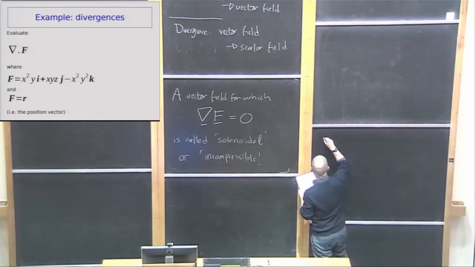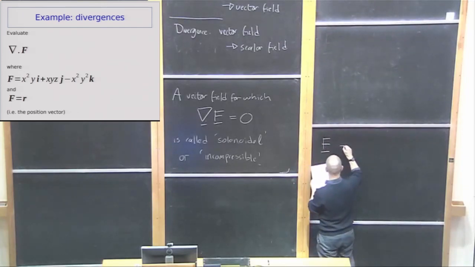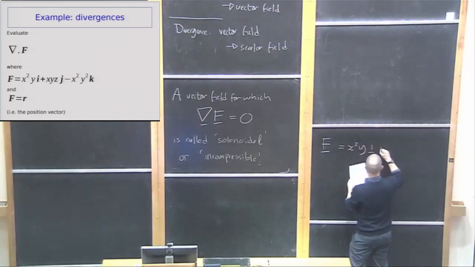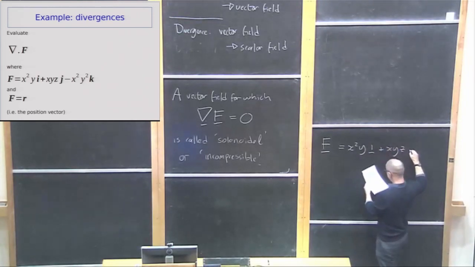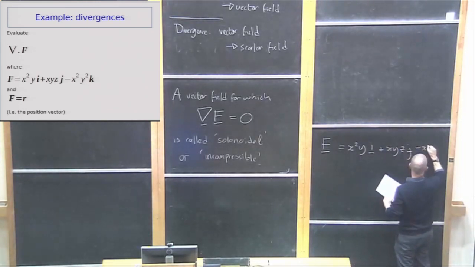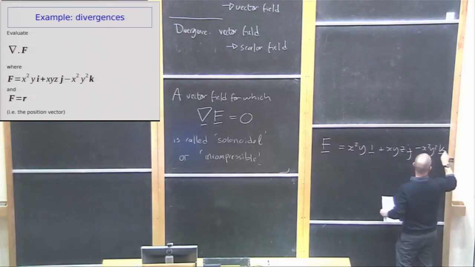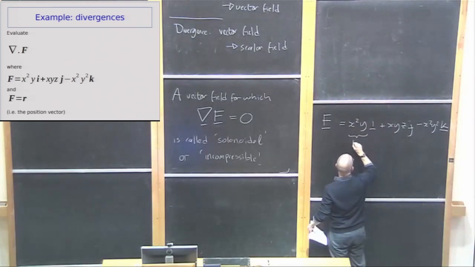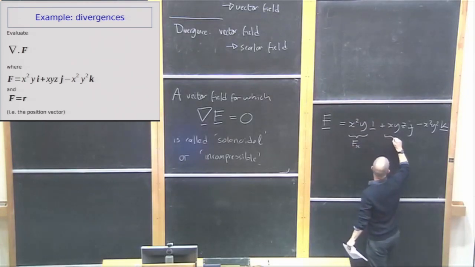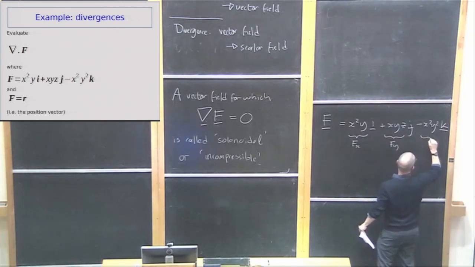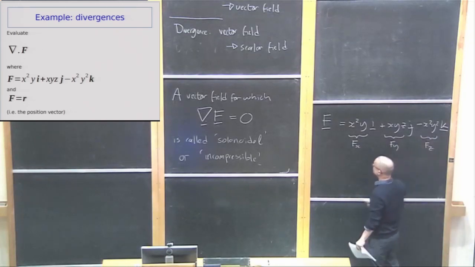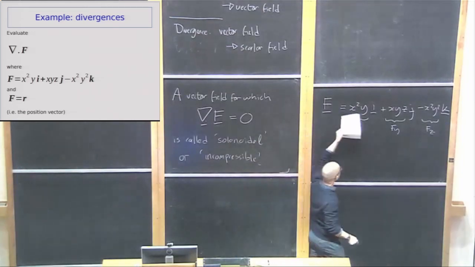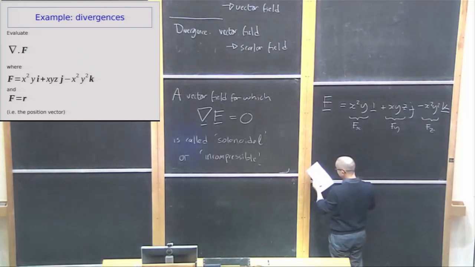If we have some vector field, which in this case is x squared y i plus x y z j minus x squared y squared k, I identify these as Fx, Fy, and Fz, and that's always implicit when I have a vector field F that I call these three components Fx, Fy, and Fz.